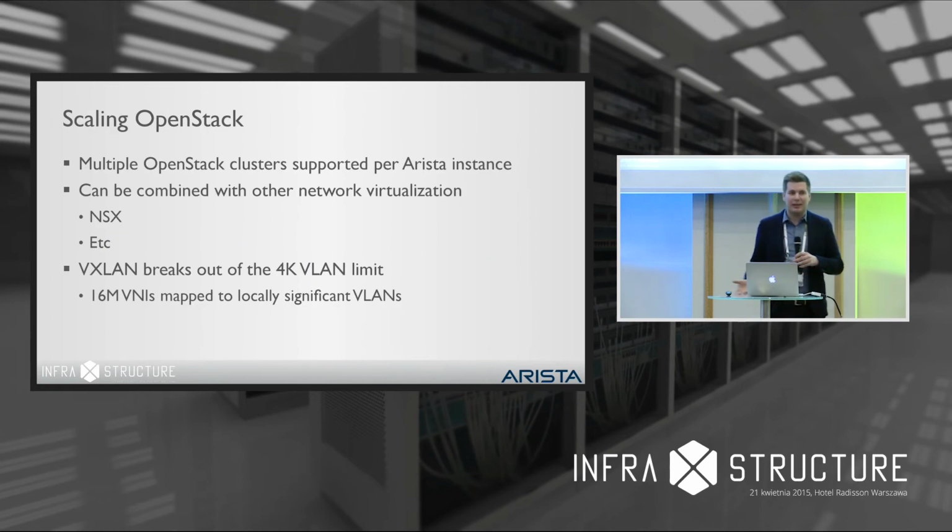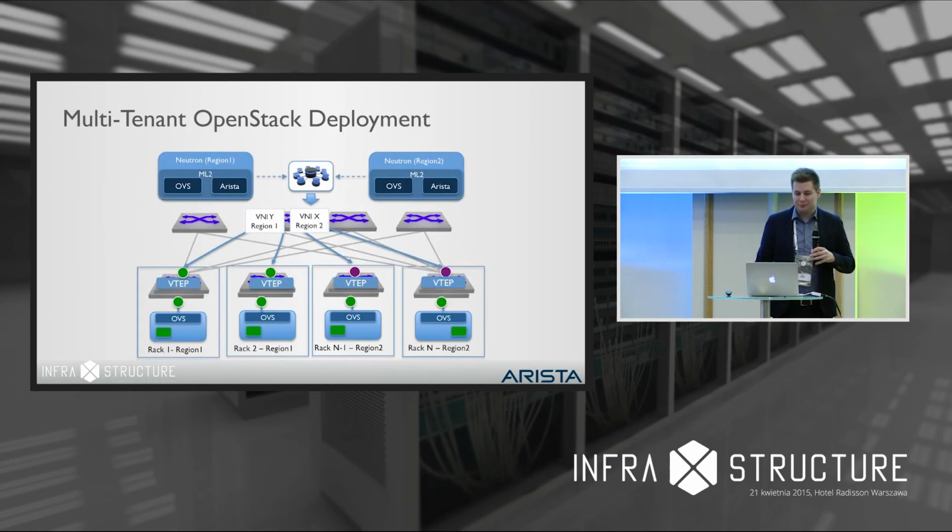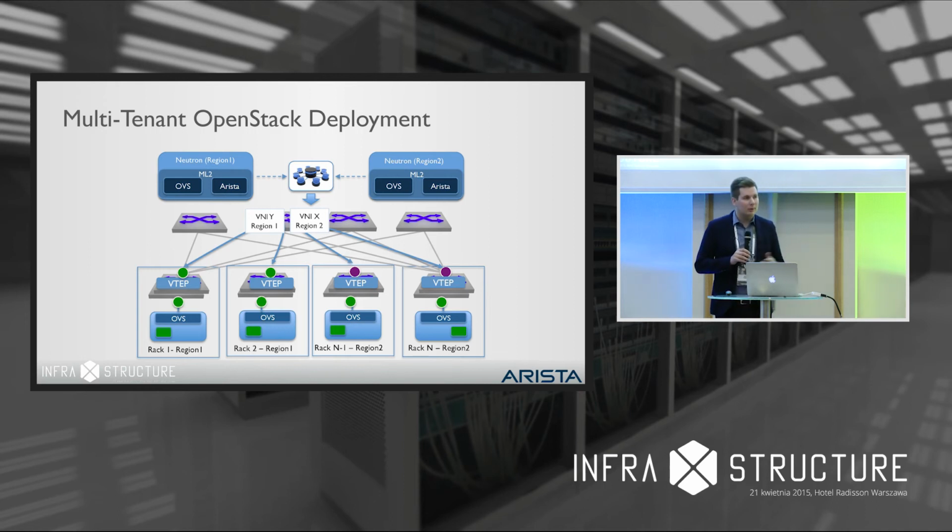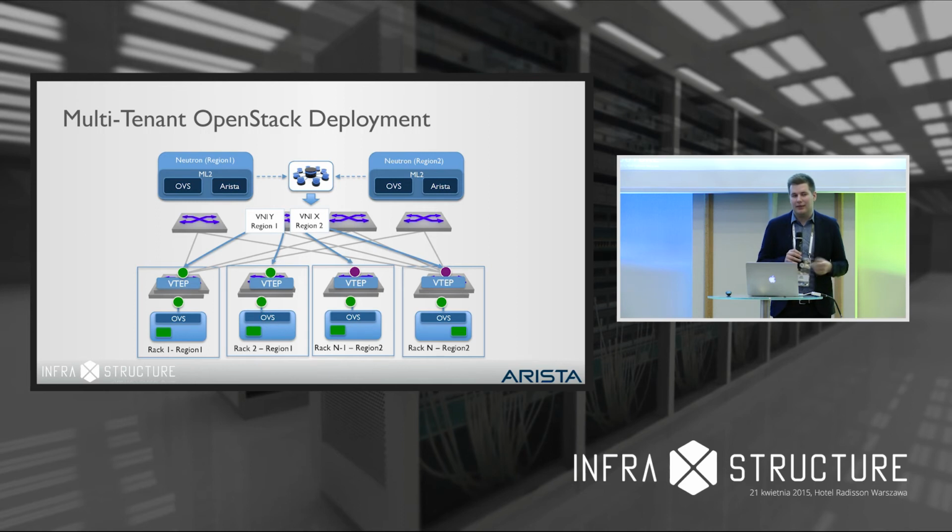Right, so we're breaking out of that 4,000 VLAN limitation, and we can actually scale to 16 million VXLAN identifiers. And what that really allows you to do is build a fully automated, multi-tenanted cloud network, right? So we can have multiple OpenStack deployments running over the same physical infrastructure, and that works really well.